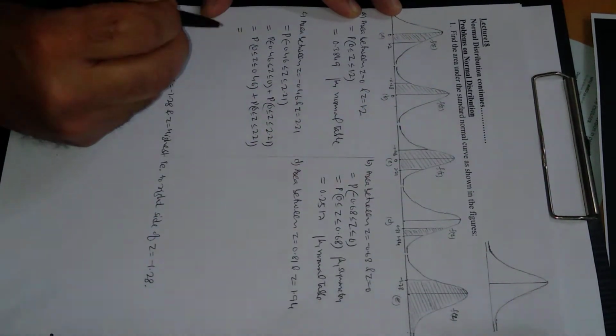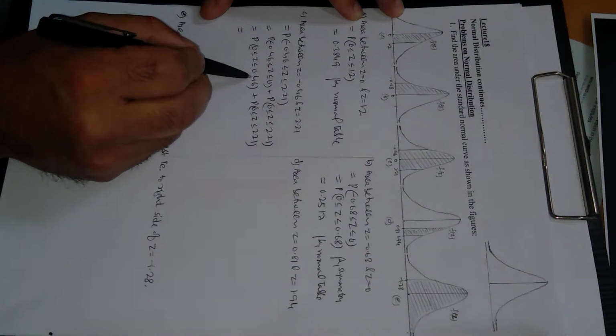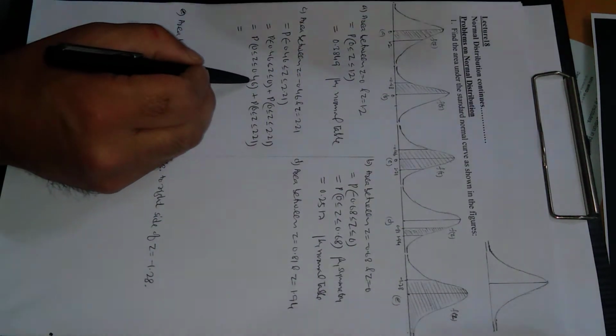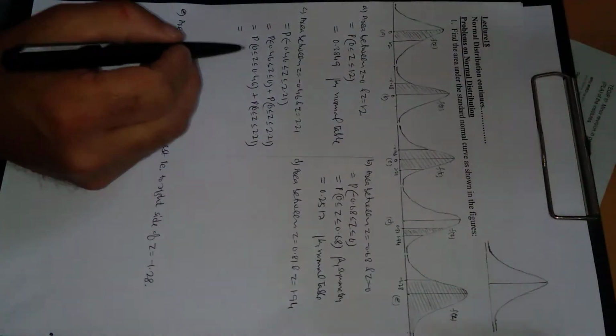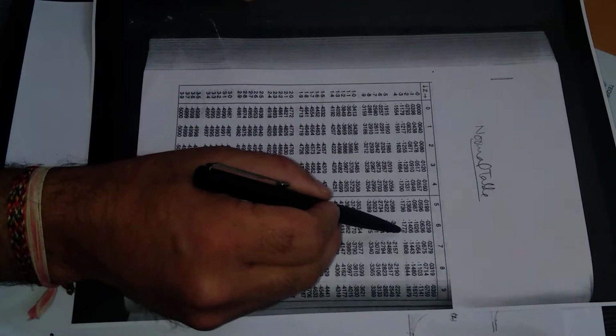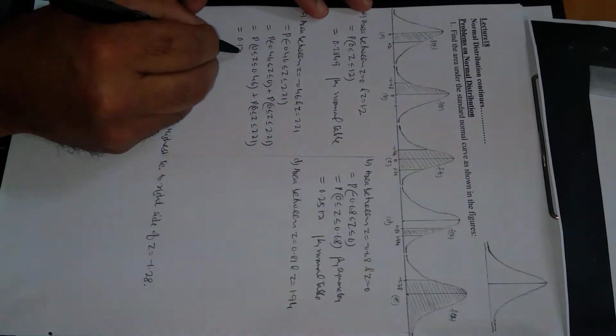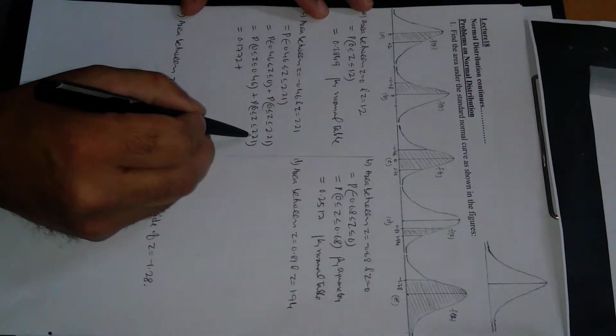Now we will find both these probabilities by using the normal table. First, the highest value of z is 0.46. So go through the row 0.4 and below the column 6. 0.4 is here, and below the column 6 is 1772. So this will be 0.1772. Next, the highest value is 2.21.